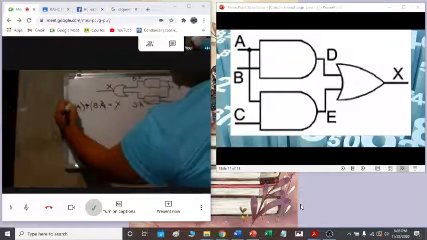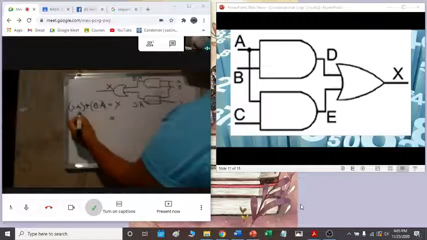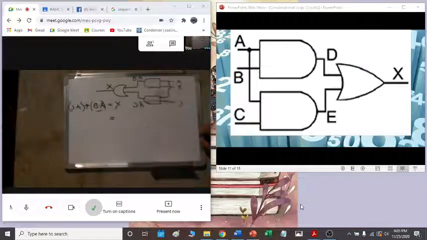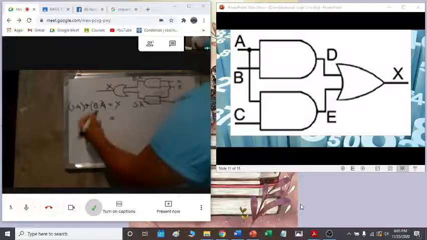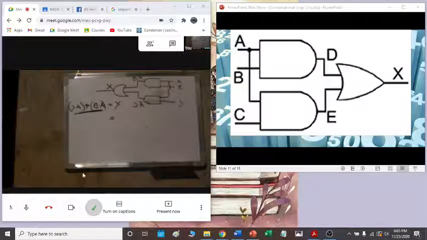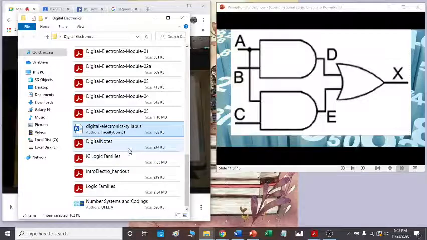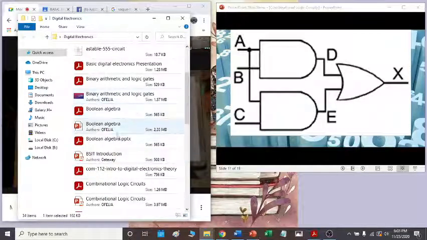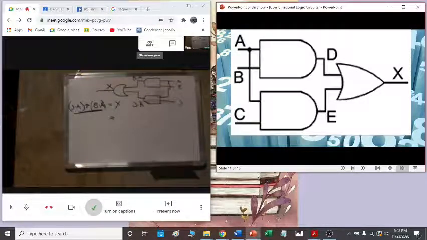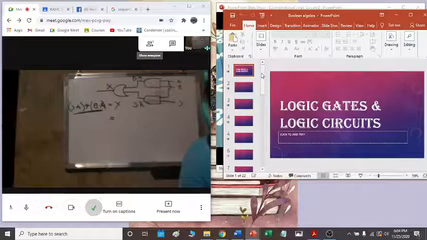So it's A times C. So you notice they have a common term. And using the fundamental laws of Boolean algebra, we can absorb them into one expression.